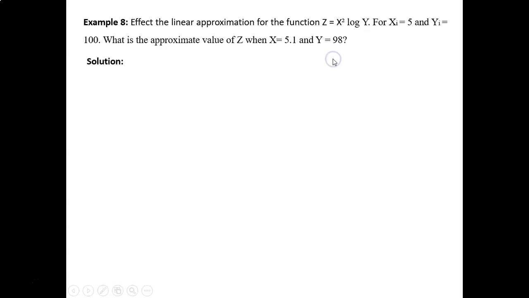Therefore, solution. This function they are given, z is equal to x square log y, value of xi is equal to 5, value of yi is equal to 100, x is equal to 5.1, y is equal to 98.